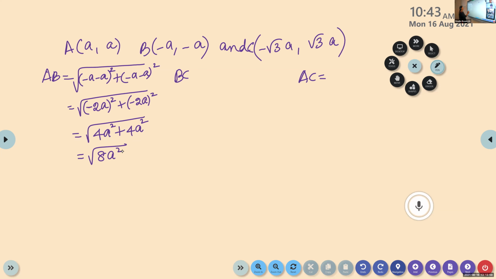If we take the square root of 8, it will be 2 root 2, and a square, if you take the root, it is a. So it is 2 root 2a. And the first point is (a, a), everything is a. Then (-a, -a), and (-root 3a, root 3a).